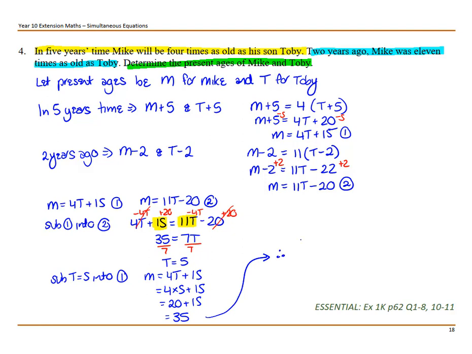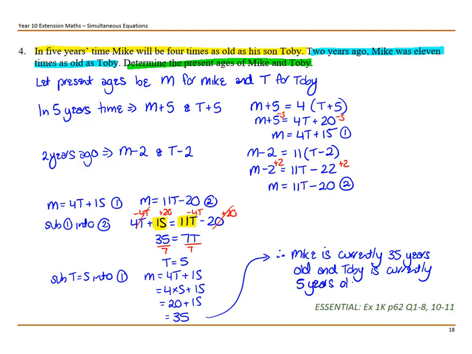So therefore, Mike is currently 35 years old and Toby is currently 5 years old. And go through and make sure that that makes sense. Substitute into your equation.